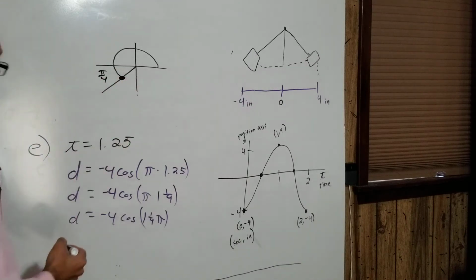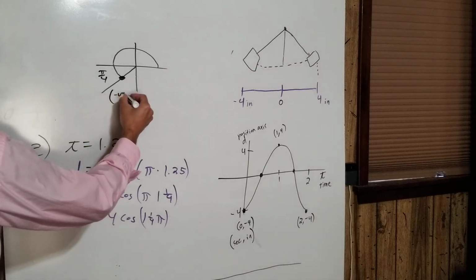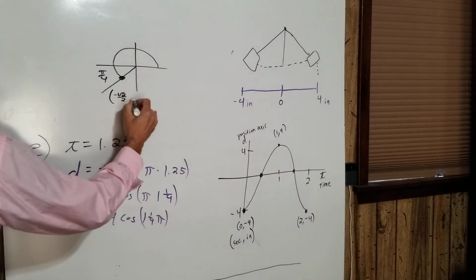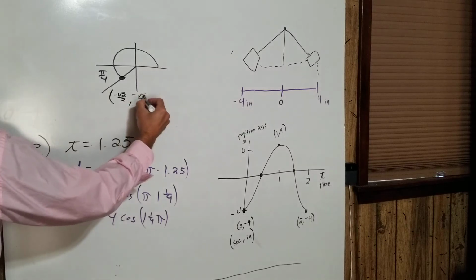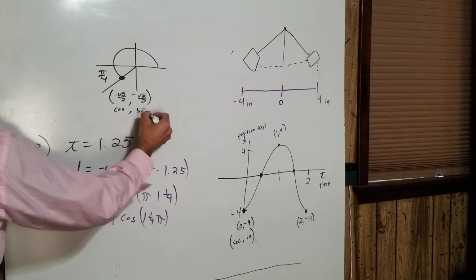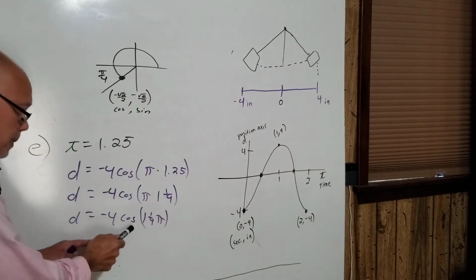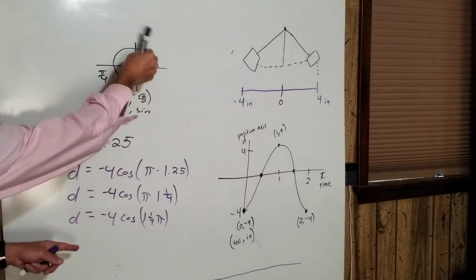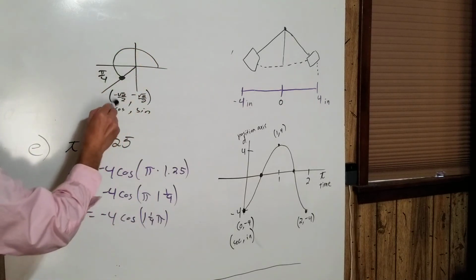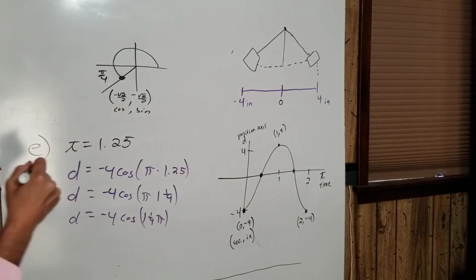So if I'm right there at 1 1/4 pi, what's my ordered pair? Negative square root of 2 over 2, comma, negative square root of 2 over 2. And remember, these run cosine, sine. So what is my cosine of 1 1/4 pi? Negative square root of 2 over 2.